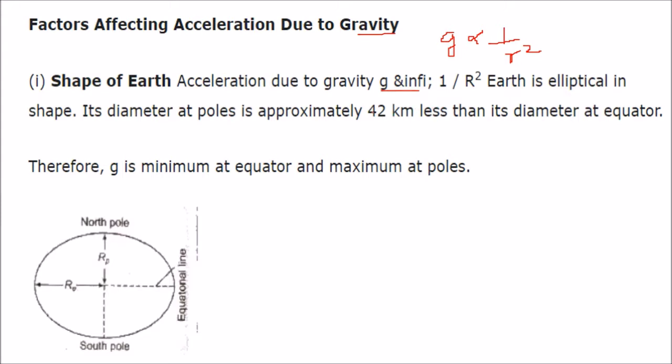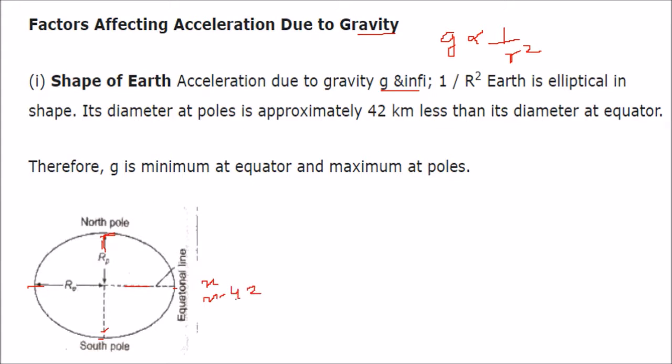So the diameter at poles is 42 kilometers less than the diameter at equator. If this is x, then from this point to this point, it is x minus 42.